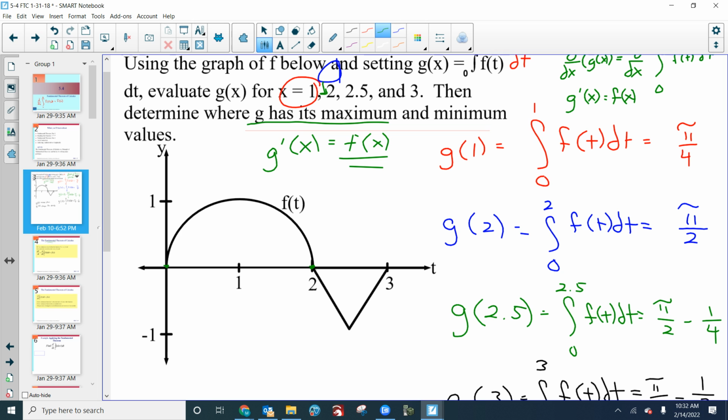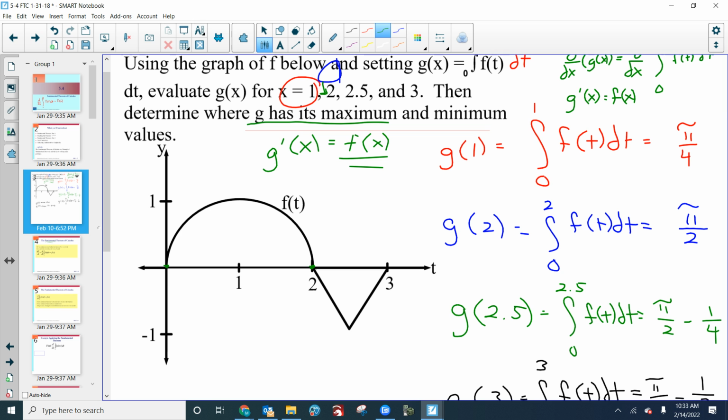G is decreasing because g prime is negative. Don't let your eyes deceive you. Is g prime negative right here? Some of you are saying no. Please focus in. Is g prime negative right here? Yes, because g prime is f, and f is negative right there.